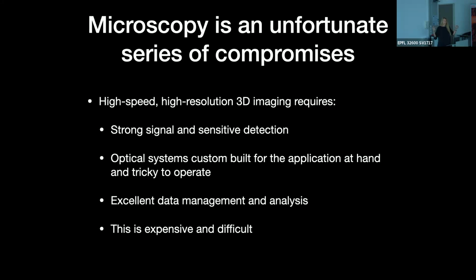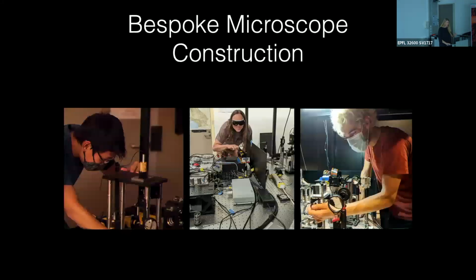So to do that, we need strong signal. There's nothing to it. If you are going to image a whole 3D volume, you are going to need a lot of photons. You're probably going to need custom optics. You're going to need excellent data management and data analysis, because if you take a stack of images, that's more data than if you take one 2D plane. And this is really just expensive and difficult, but it's also really beautiful.